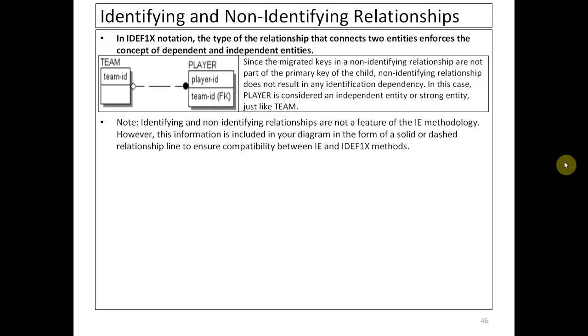However, it is the third-party vendor tools which actually put the compatibility between IE and IDEF1X methods for ease or to reduce the confusion to data modelers and, in short, the stakeholders who are going to refer to this particular data model diagram.